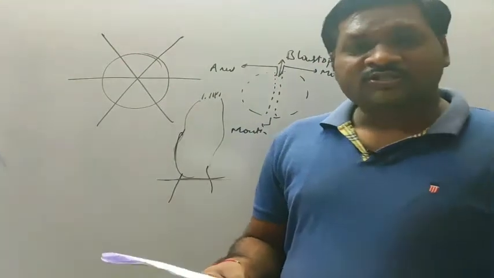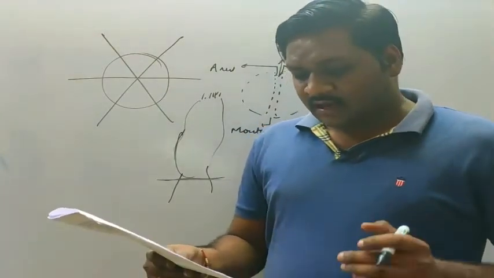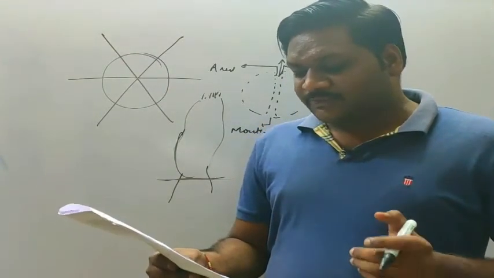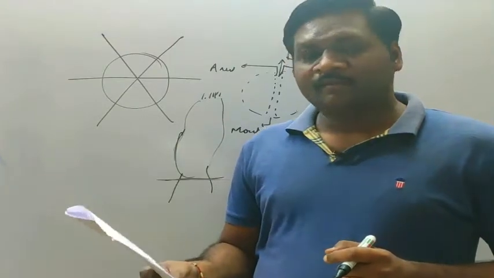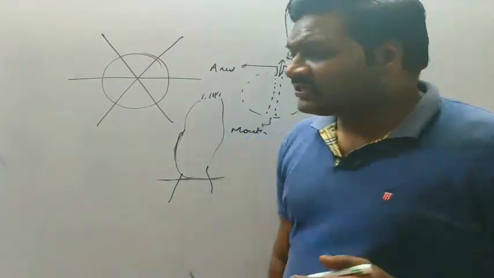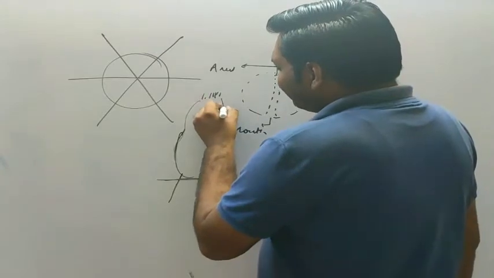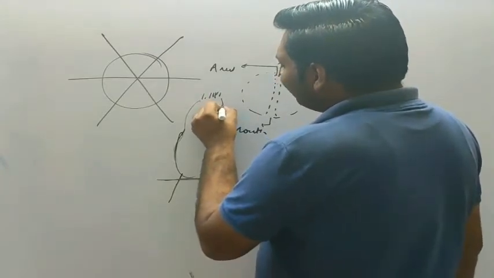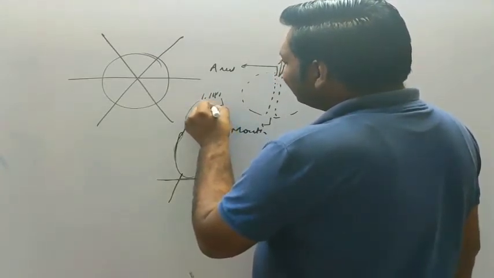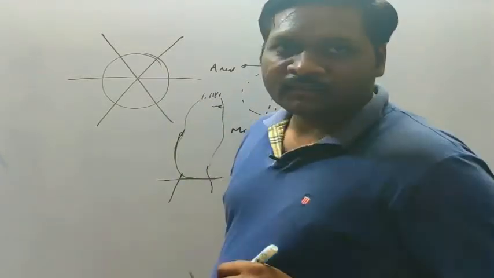The next, question number 106. Digestion of food in sponges is. Where is the food digested in sponges? In the inner part, in the endoderm, there are collar-like cells called choanocytes.